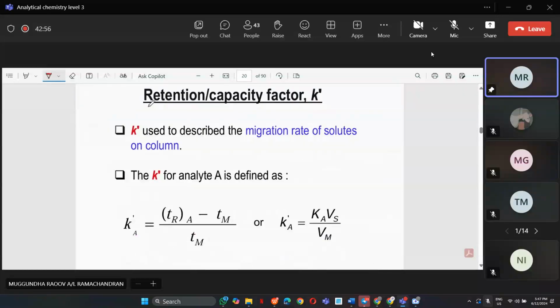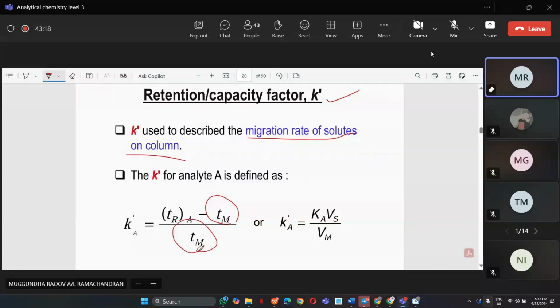Now, retention factor or capacity factor. K is used to describe the migration rate of the solute on the column. K prime for the analyte is calculated as (TRA minus TM) divided by TM, where TM is the void time.